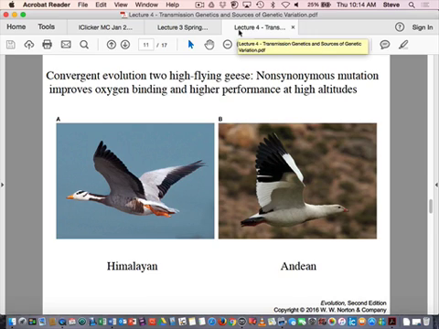It increases the ability to attach oxygen and make oxygen available in tissues. This mutation gives them much improved oxygen binding and obviously leads to higher performance at high altitudes, when oxygen can be an issue.